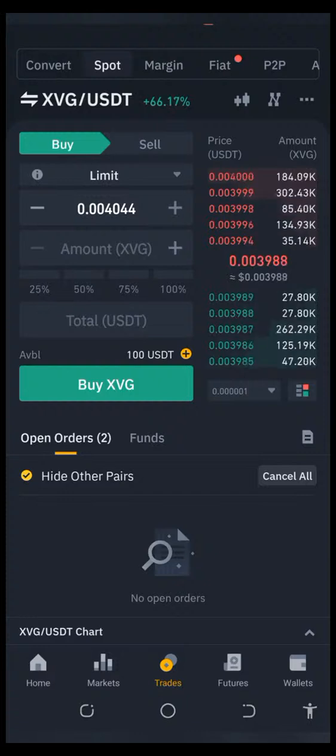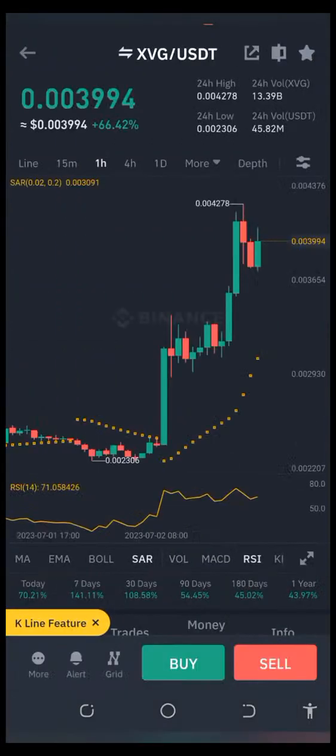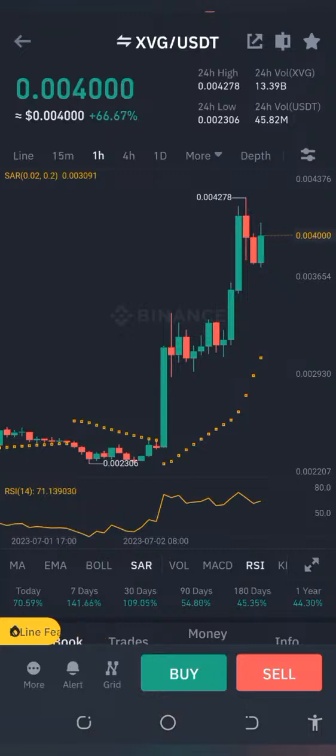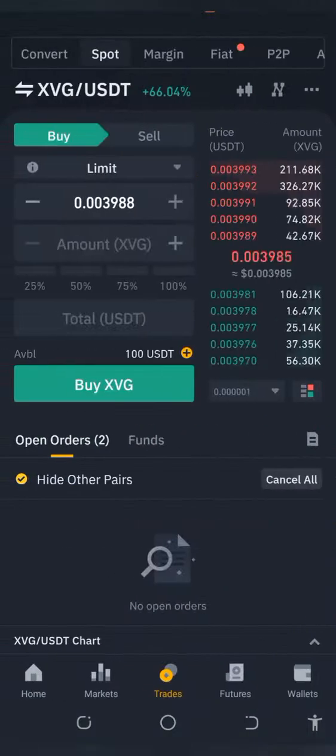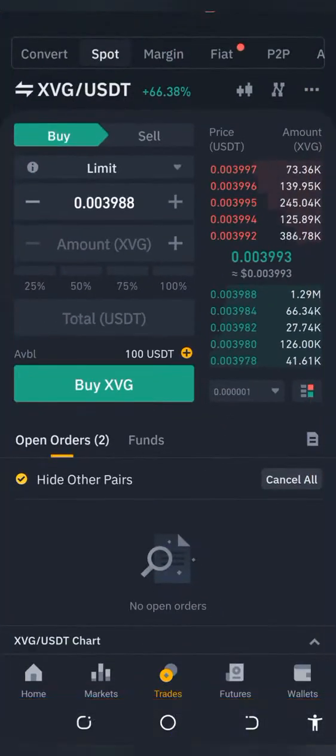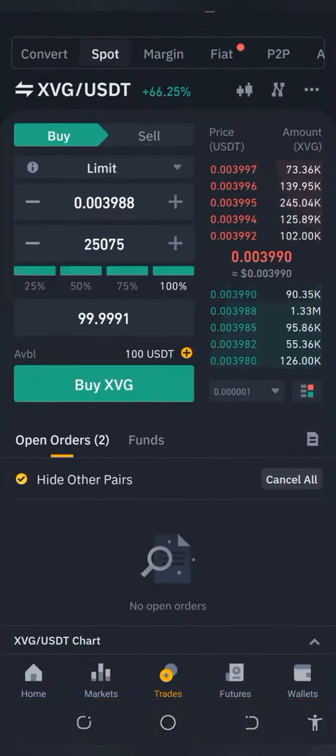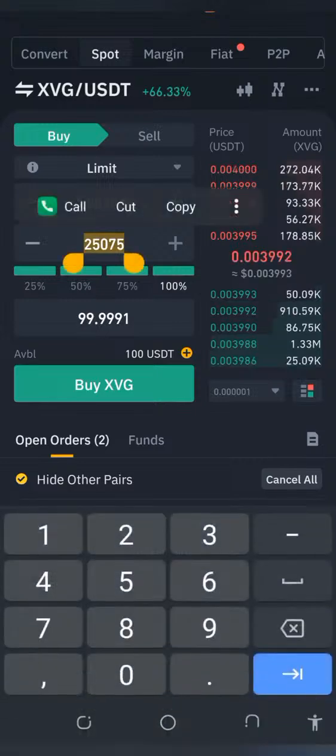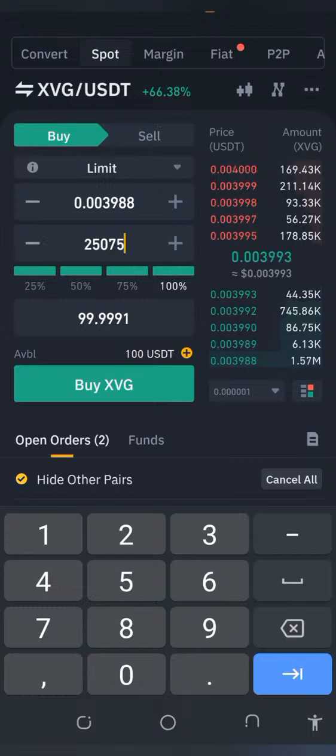Now, in this one, because it's in pump mode, we're just going to go ahead and buy. Oh my gosh, it's going up and down, but we just got to take advantage of this. So currently what do we have here? We've got 100 USDT. Let's do a quick simulation. The price is really tiny, so we can get a lot of pieces from this.